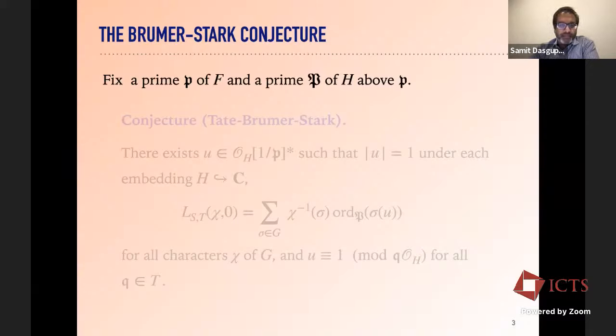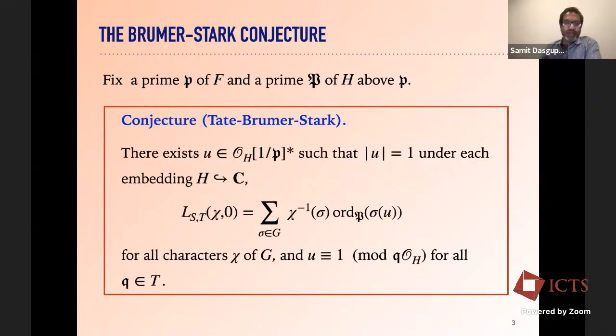And perhaps I want to say that I assume that this little p splits completely in H, even though it's not written here on this slide. Then you have the following conjecture, which is often called the Brumer-Stark conjecture, in this form, stated by Tate.